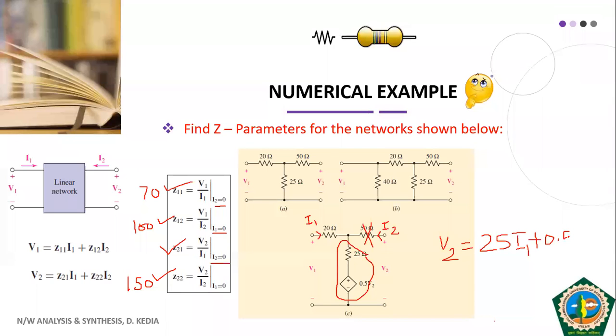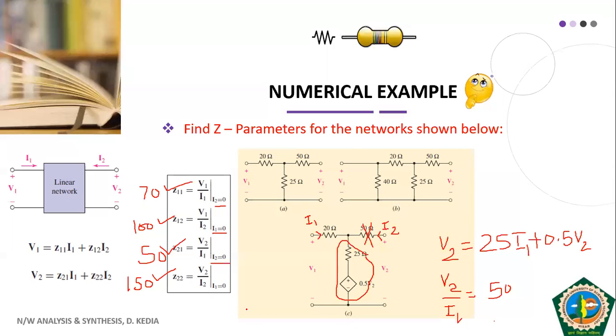Just by this equation we will be able to find the final answer. So 0.5 V2 goes towards the left hand side, and V2 upon I1 is nothing but 25 by 0.5, that is 50. V2 upon I1 is nothing but your Z21. So your answer comes out to be 50.